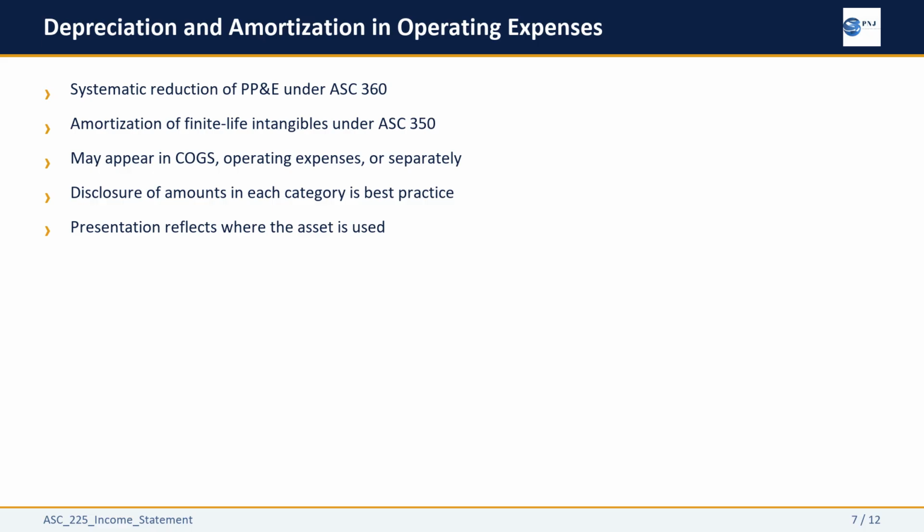There is no single required line item for D&A on the income statement. It can be embedded in cost of goods sold, included within operating expenses, or broken out as a separate line, wherever it best reflects how the underlying asset is being used. Whatever approach is taken, best practice requires disclosing how much D&A falls into each category.